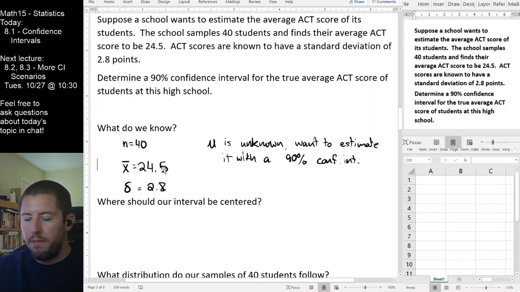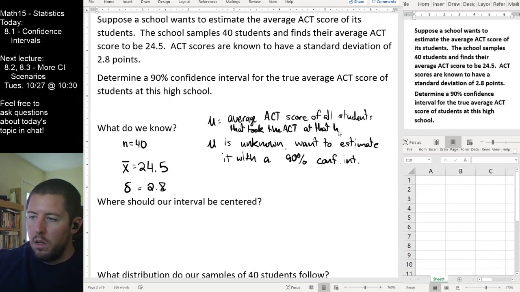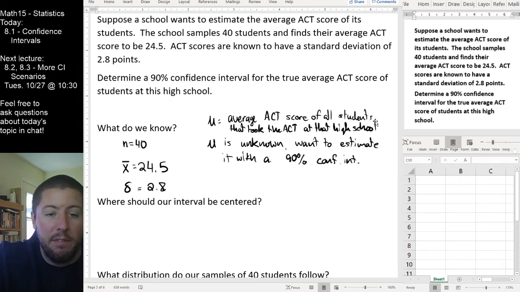Oh, by the way, sorry, I should say here, we're not trying to estimate the overall average, because we're not sampling from the entire country.